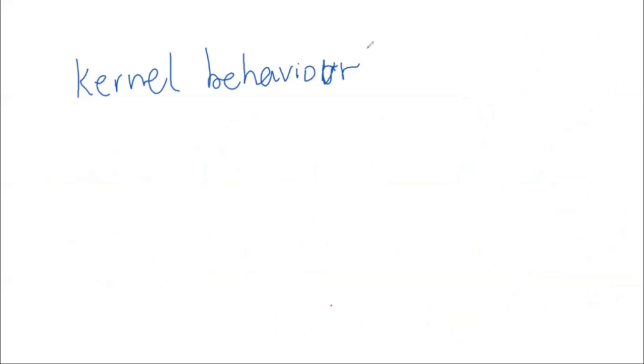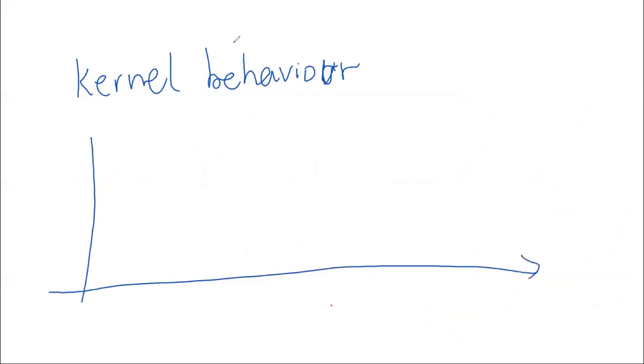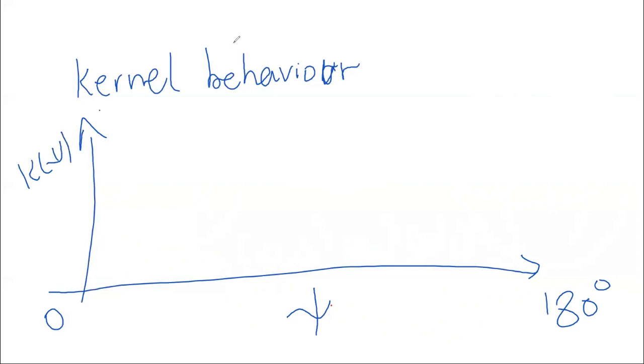For example, I have a kernel function like this, from 0 up to 180 degrees. This is the psi value of the kernel, and this is the k value of the kernel. The kernel starts from up above and goes down.